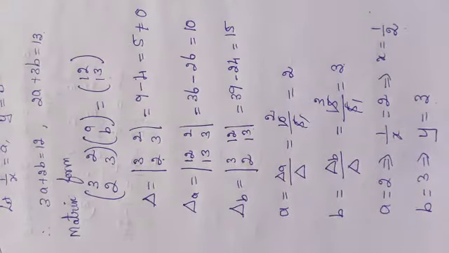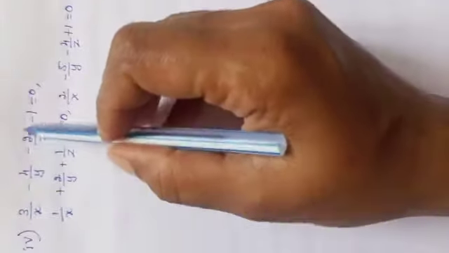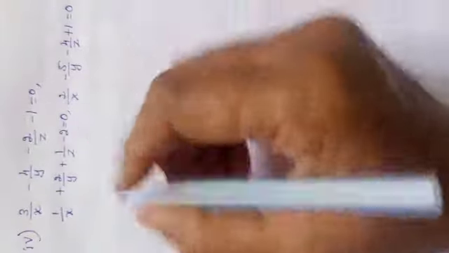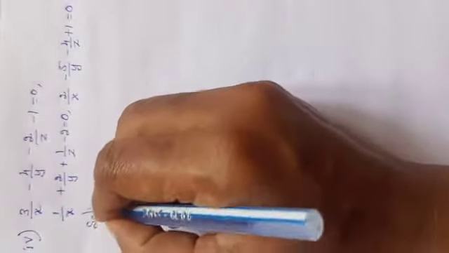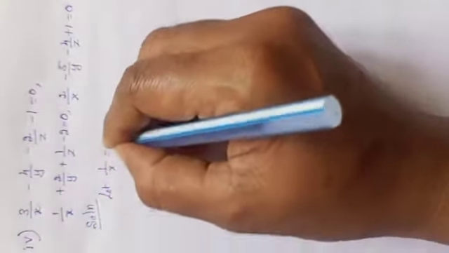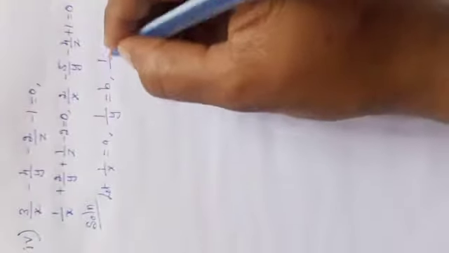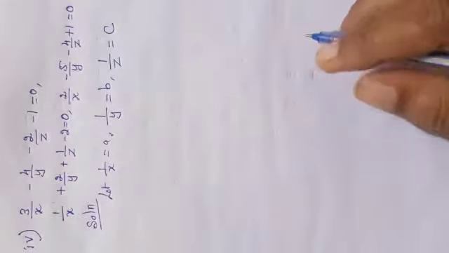Okay. Next, subdivision 4. 3 by x, 4 by y, c, all given in fraction, isn't it? Reciprocal term. So we can take, let 1 by x is equal to a, 1 by y is equal to b, and 1 by z is equal to c.